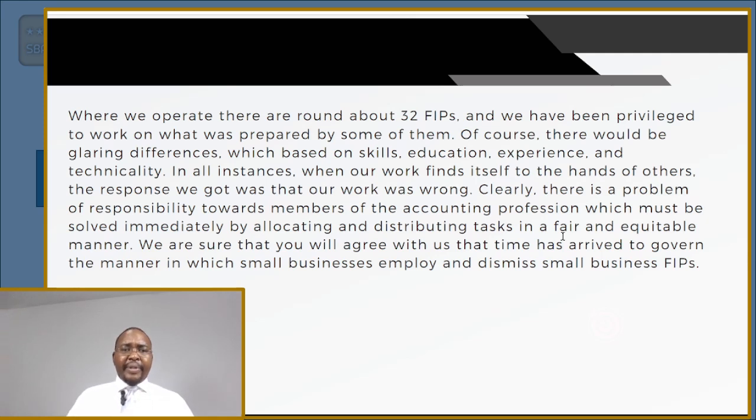Part of the problems that has been created, in fact, that wants this solution is that, in a small business environment, there are no big or small players. If you're an accountant, if you're a chartered accountant, you're working in a small business environment, you've got the same responsibility as someone who's not an accountant.